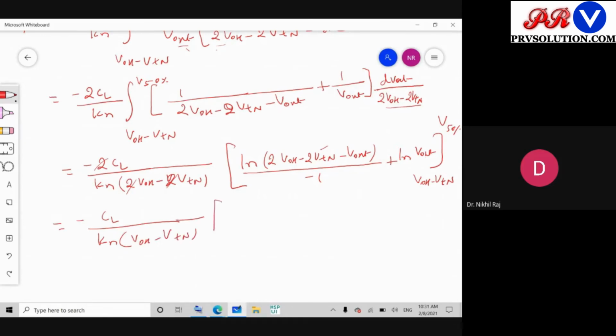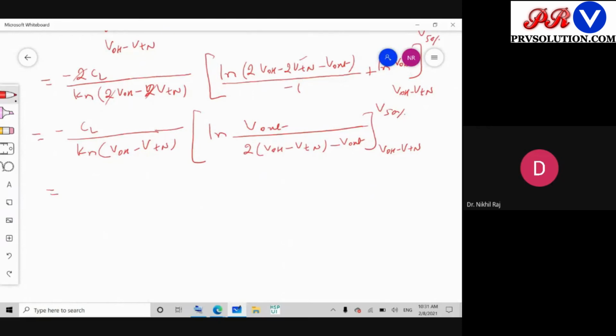And here, rearranging the logarithmic equations, we'll get ln of V out divided by 2, 2 can be taken out, so VOH minus VTN minus V out, and put the limit, that is VOH minus VTN and V 50%. Now it looks quite simple.